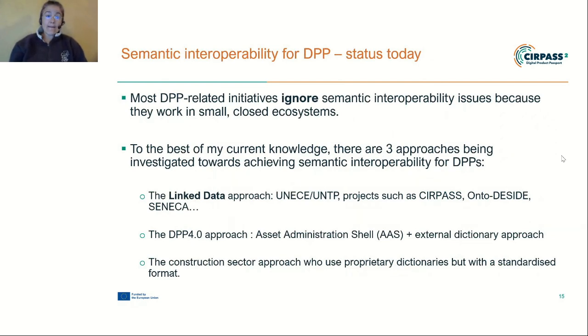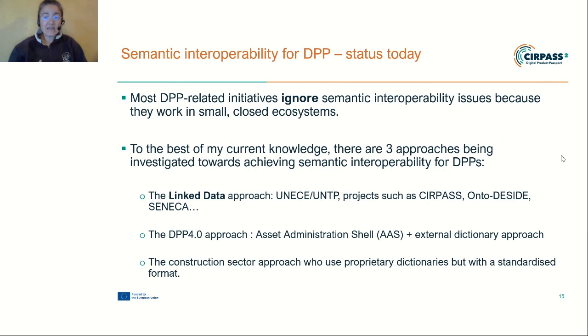What I've seen is that most DPP-related initiatives ignore semantic interoperability because they work in relatively small and closed ecosystems. To the best of my knowledge, there are three approaches today that are being actively investigated that thankfully no longer ignore the need for semantic interoperability for digital product passports.